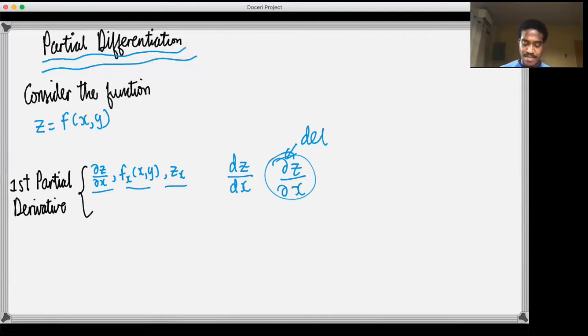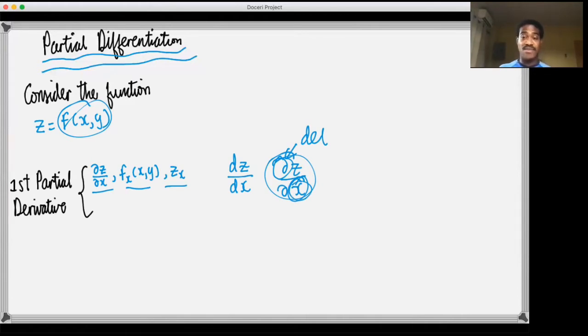And what does that mean? It means that the x in the denominator is considered the variable in this entire function, and the y is considered the constant. So from the time you see the del, and you see x in the denominator, you're thinking partial differentiation, x is your variable, y is the constant.